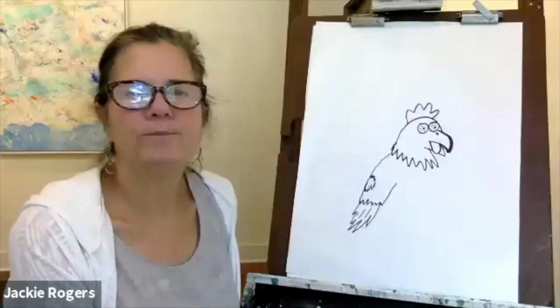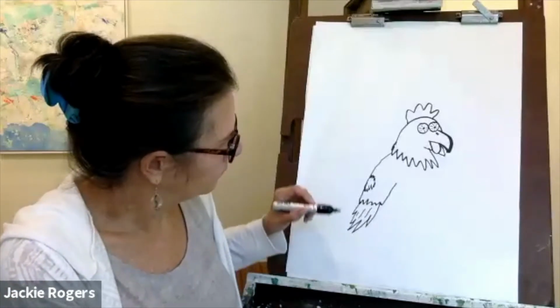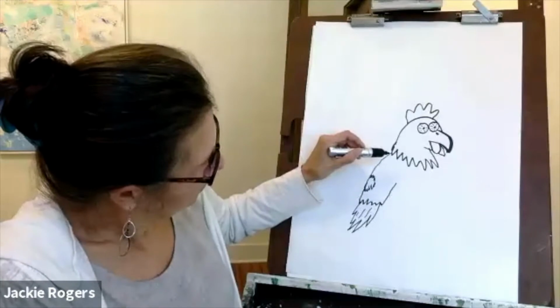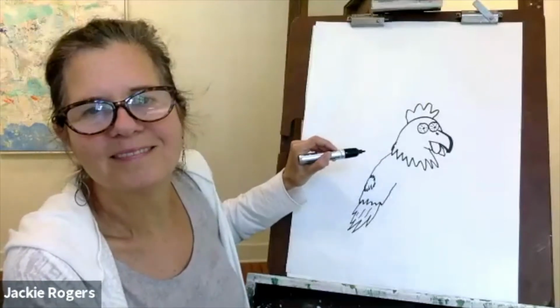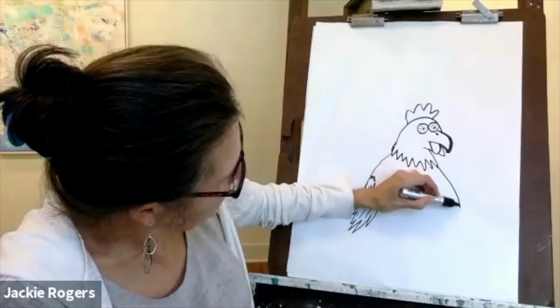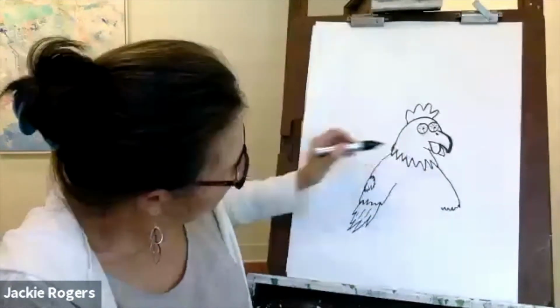And they can just be like feathery. Okay, so then we'll do his other arm. Is he gonna be trick-or-treating, you think?